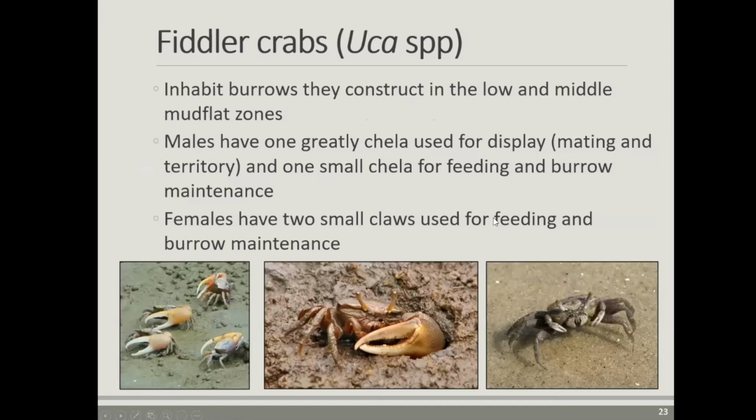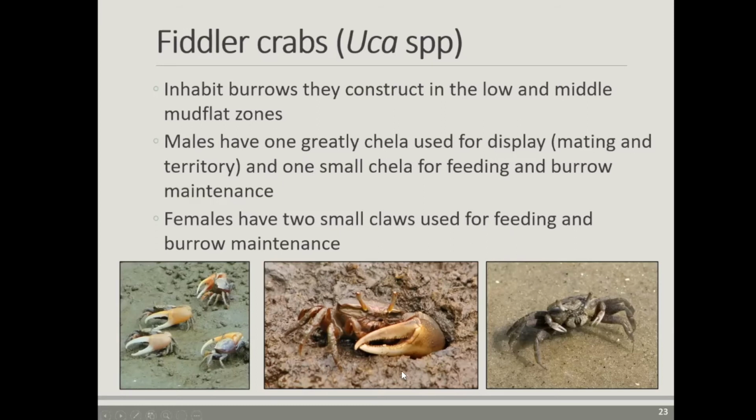So they make burrows in the mud, and then they live in them. Except for certain times of the tidal cycle, they'll be hiding down in their burrows. They're in the low and middle mudflat zones. They might look terrestrial because they run around on the surface a lot, but they're truly aquatic.